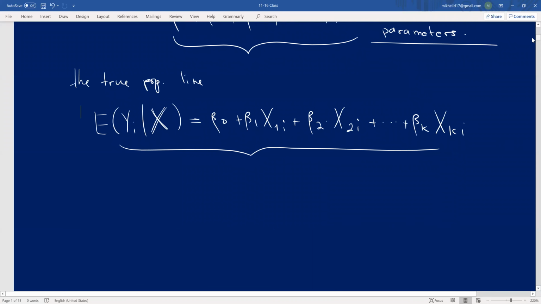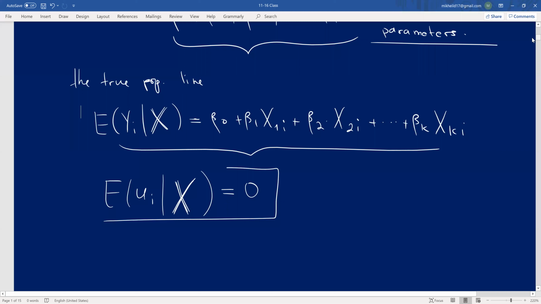The assumption that we need to make is the following. The expectation of the error given all of your x's, and this is the bold x that contains all of the x's, is 0. This is actually the key assumption.